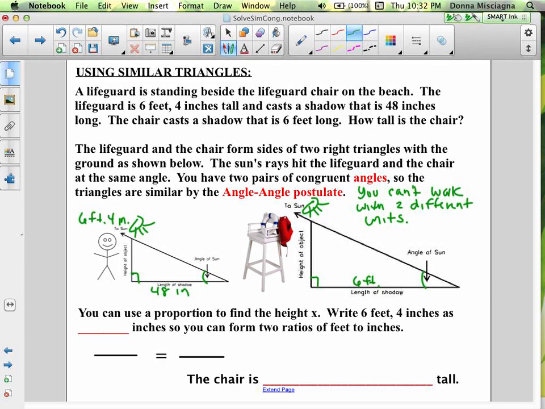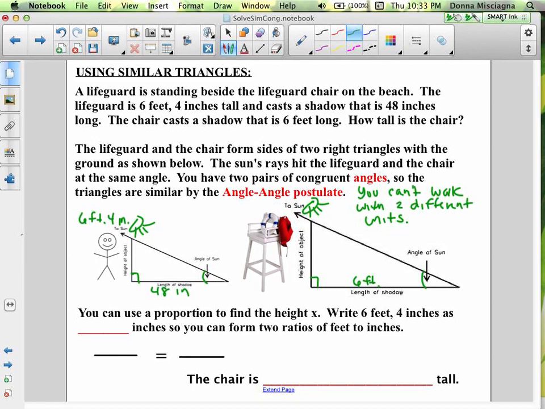And then you're going to have inches in one and feet in the other, all right? The other thing you can do is just change it all so you've just got all the same unit of measure to begin with, and you don't have to worry about, do I have this set up right? Because when you're working, you have to make sure that inches are together and feet are together. All right? So it might be easier if we change everything to inches.